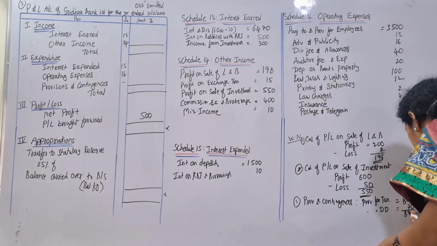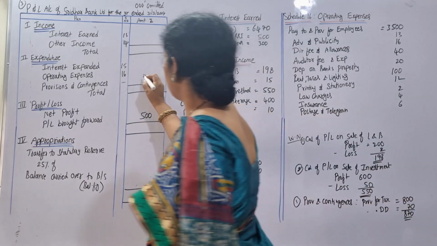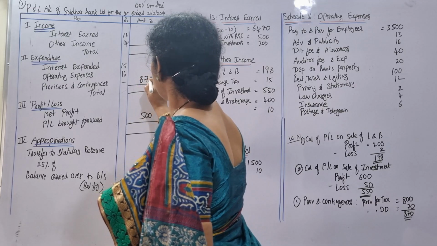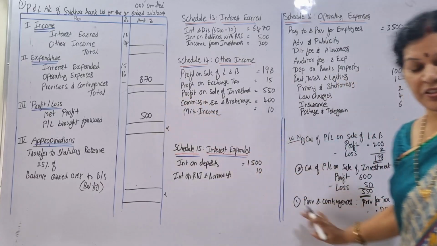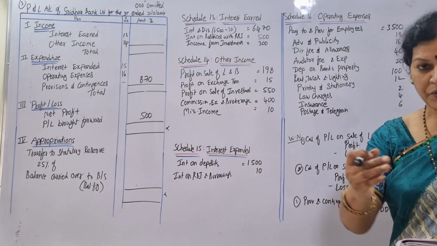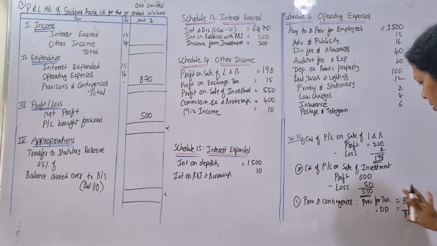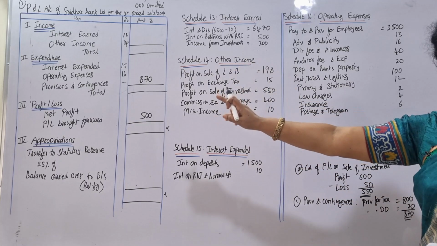This is 870. Are you getting it? Provisions and contingencies related transactions are given in the adjustment, after the information. Both we have added and are showing under provisions and contingencies.